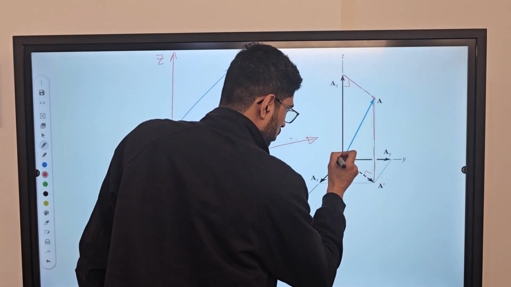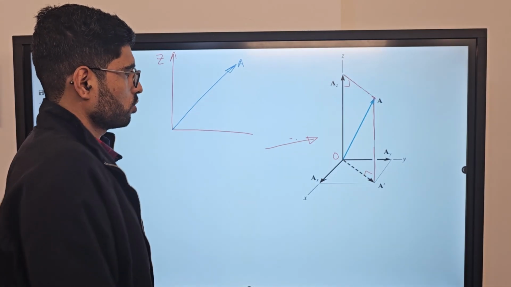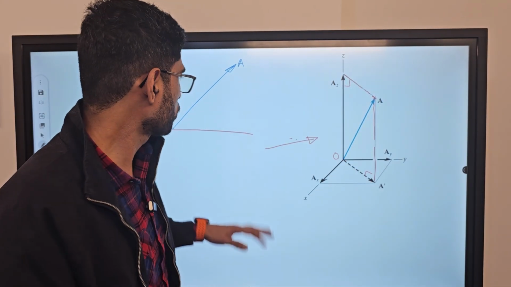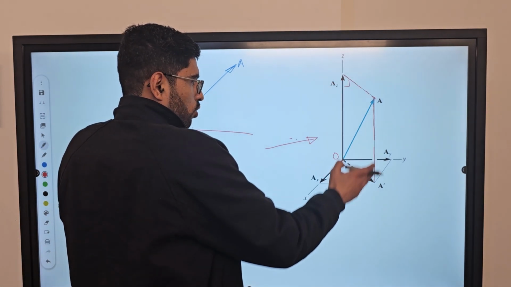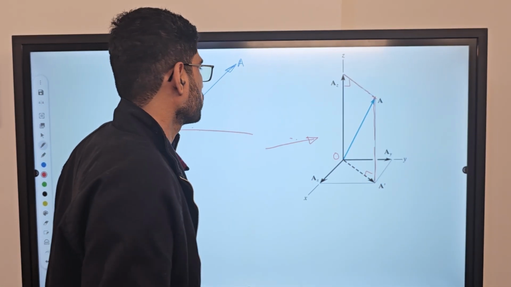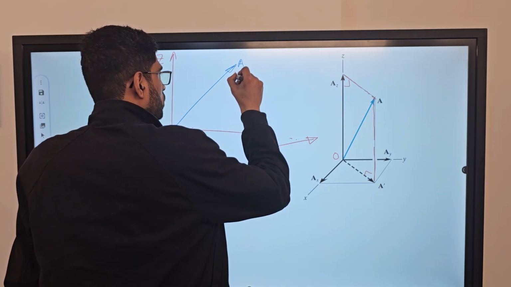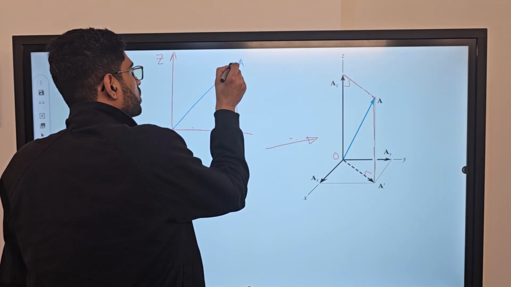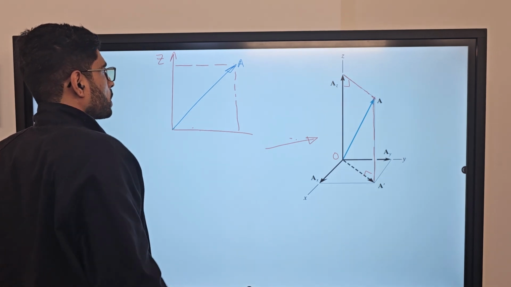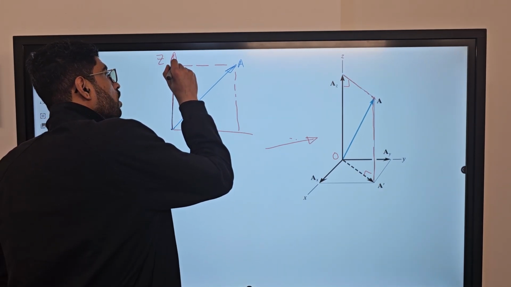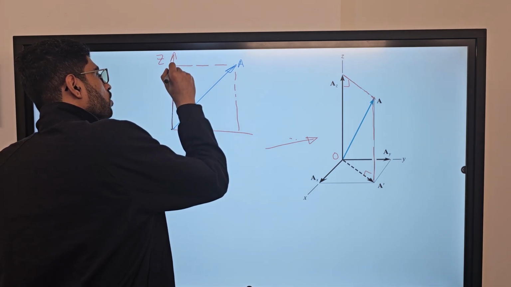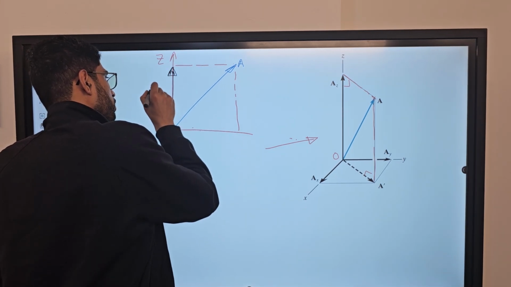Let's say the origin is represented by O. We are looking at this whole plane from this particular direction. If we drop a perpendicular onto the z-axis, we will have one component along the z-axis, and this component will be f of z.